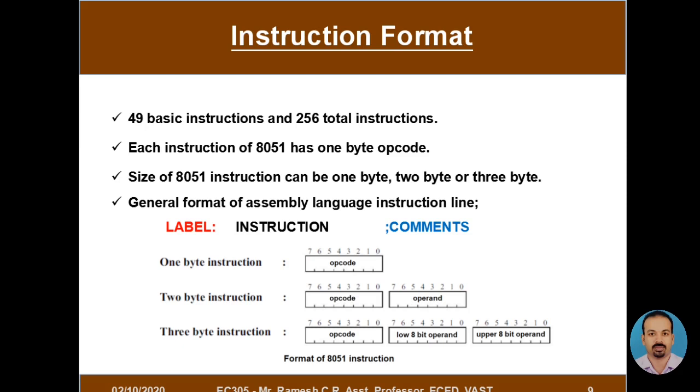We have seen that we only have the accumulator register, the B register, and the R0 to R7 registers. So if you look at the entire system at a particular time, you can only have A, B, and R0 to R7. You cannot use the entire register bank at an instant of time; you can only use one register bank at a time.